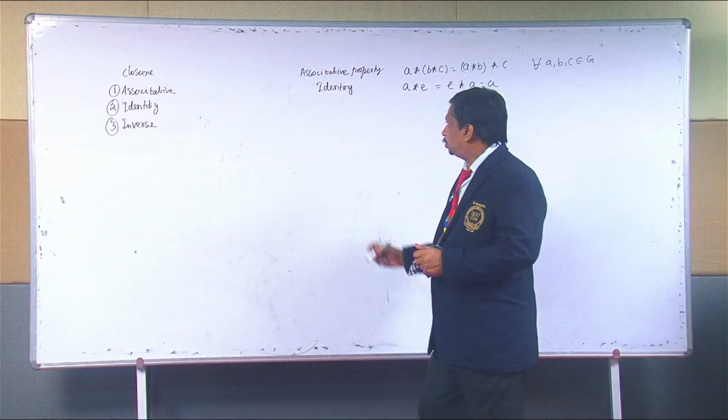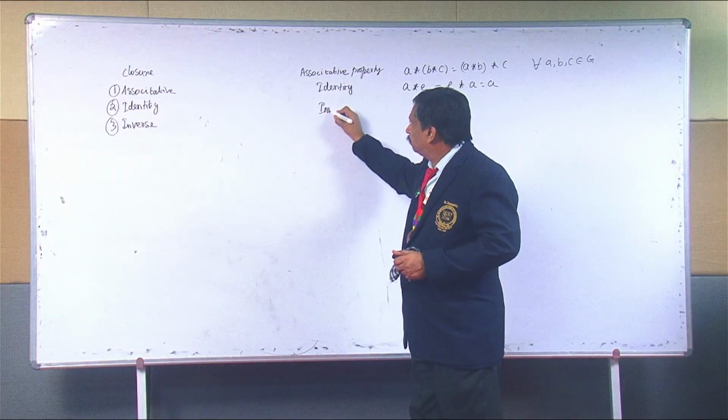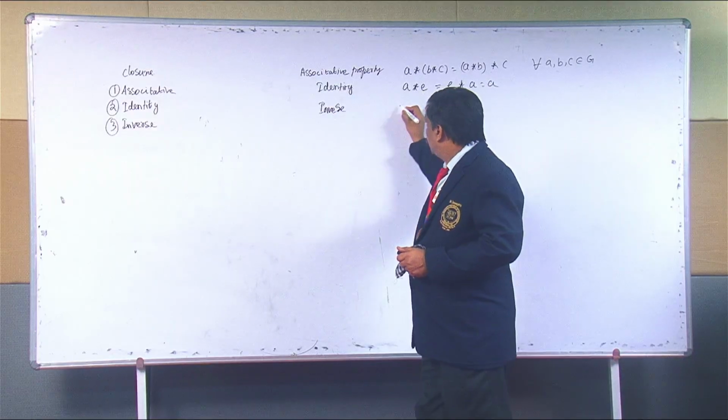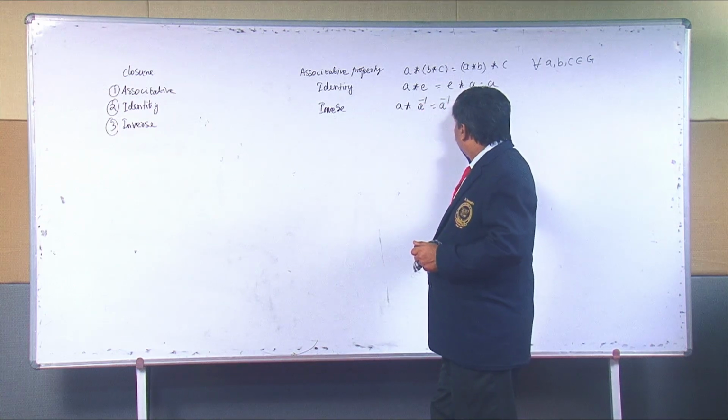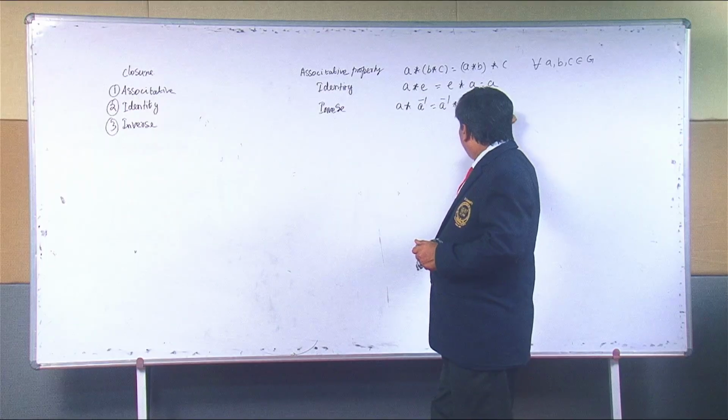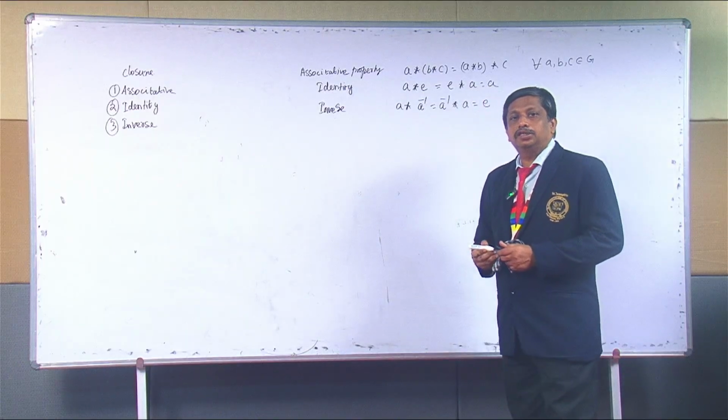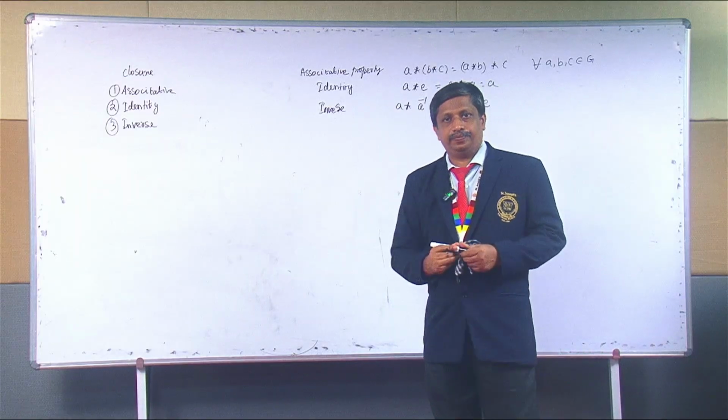The identity element exists. The inverse: a star a inverse equals a inverse star a equals e. Then we can say that the inverse element is present in the set.